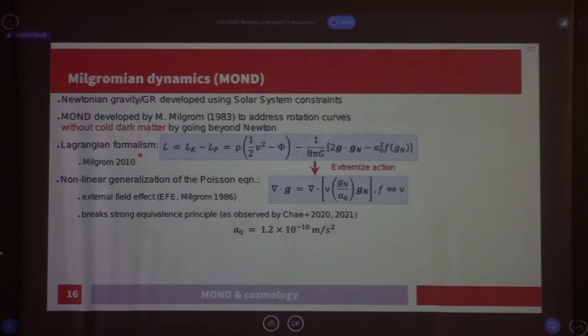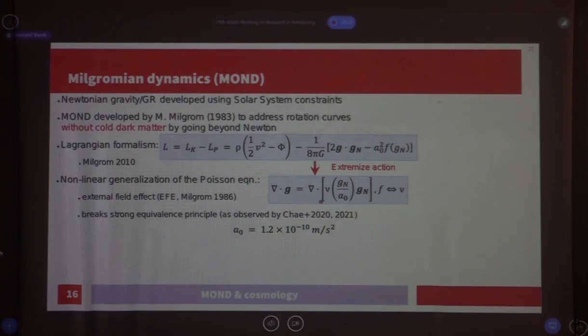So what happens in MOND is you have a Lagrangian, which is like this. There's a completely standard kinetic part, but the gravitational part is non-standard. Now, if you apply the Euler-Lagrange equation, you get standard equations of motion, but you get a non-standard gravitational field equation.